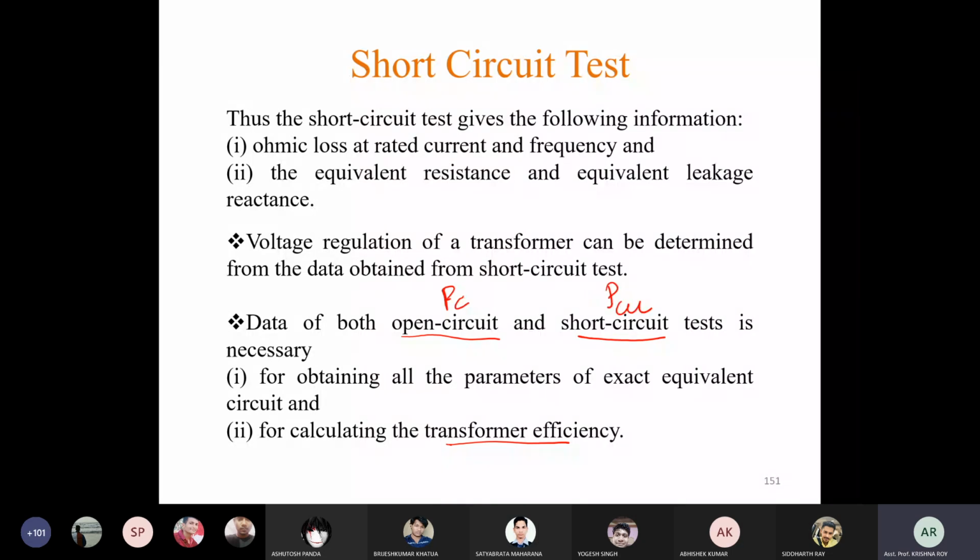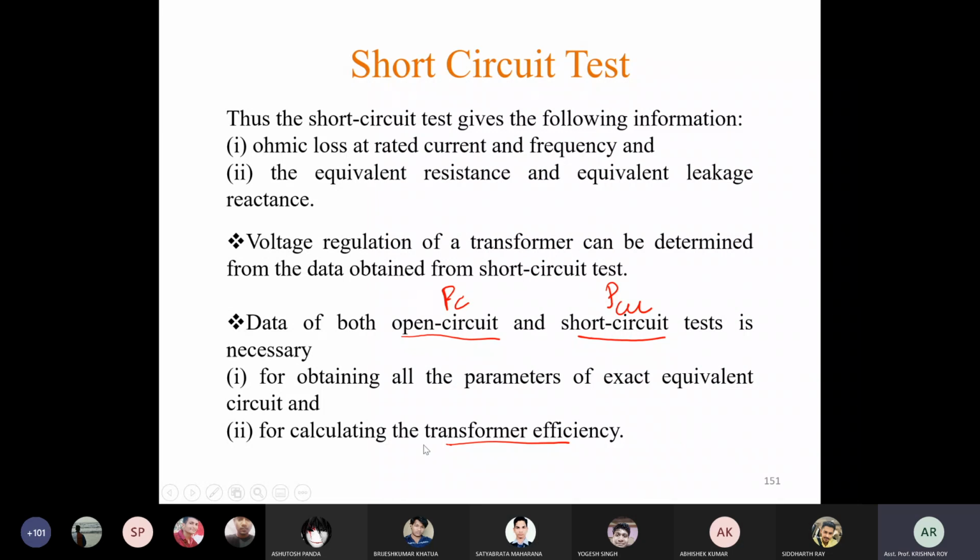Using these two losses we will be able to calculate the input power, and then the transformer efficiency. Okay, that I will discuss once again.